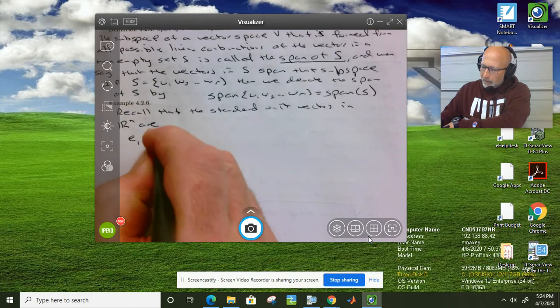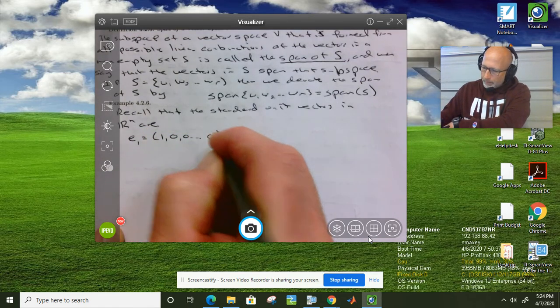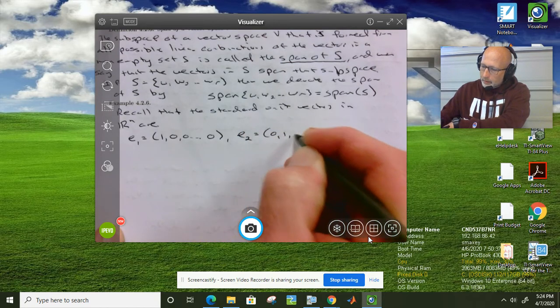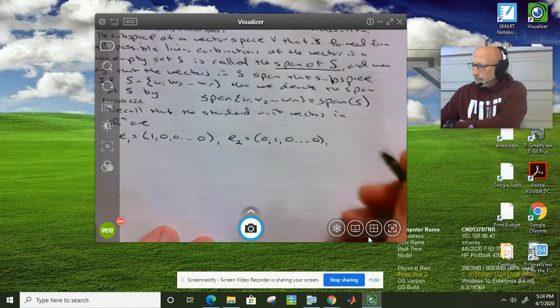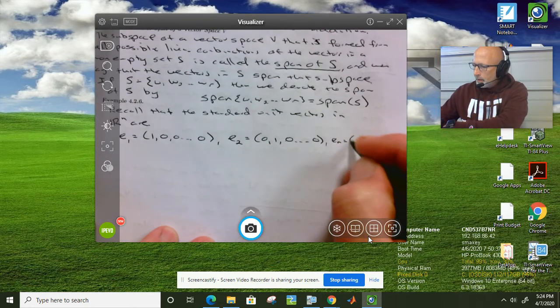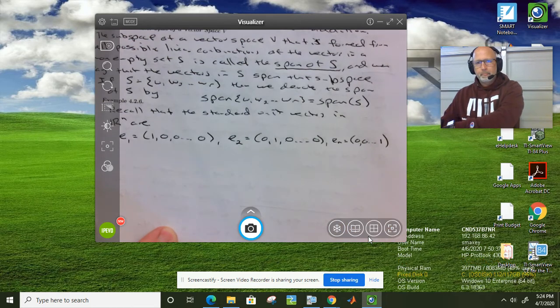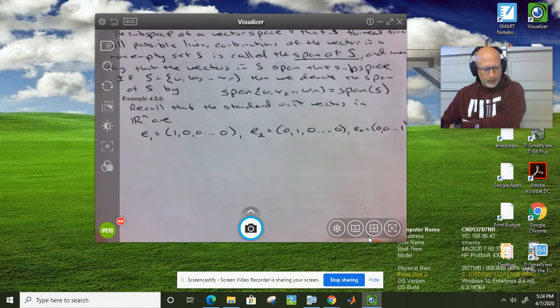So e1 is going to be the vector 1, 0, 0, all the way out. e2 is going to be the vector 0, 1, 0, all the way out. And en is going to be the vector 0, 0, all the way out to 1 there. Once again, each one of these has n elements inside of it.